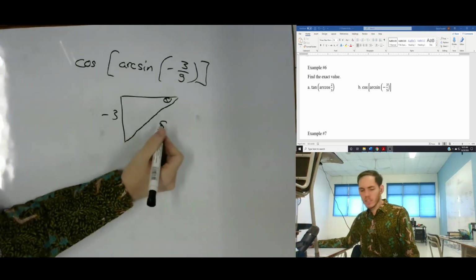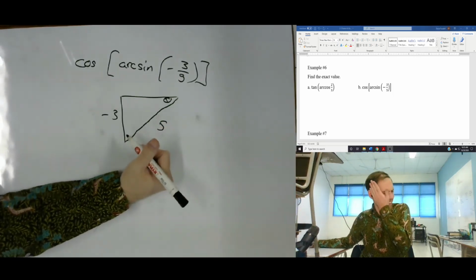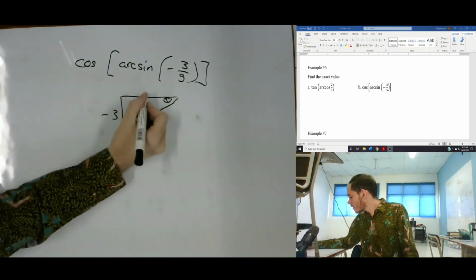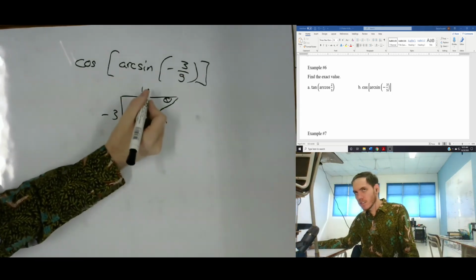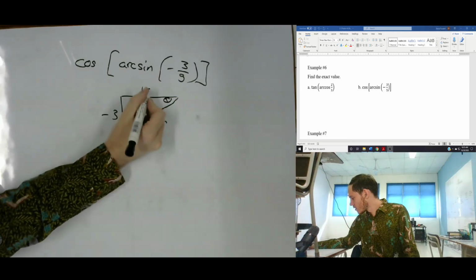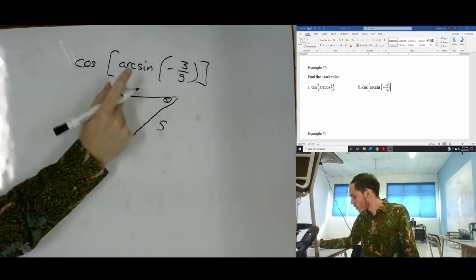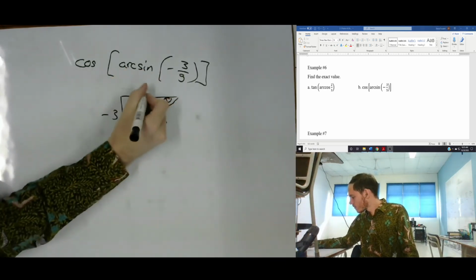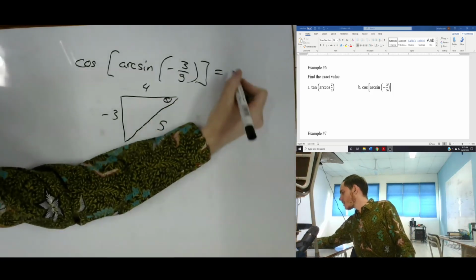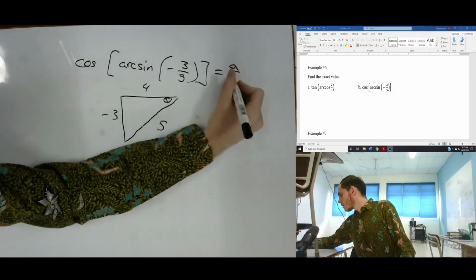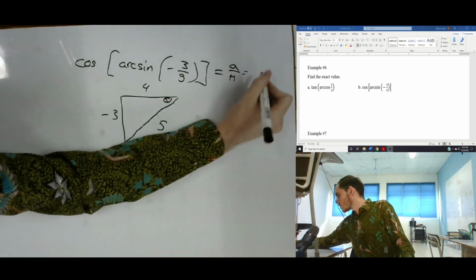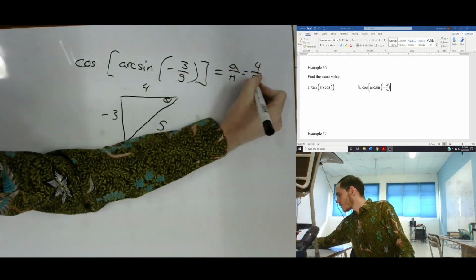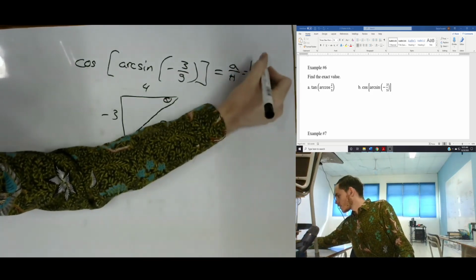So 25 minus 9 equals 16, so the adjacent side would equal 4. Cosine would be adjacent over hypotenuse, which would equal 4 over 5. So that would be our answer.